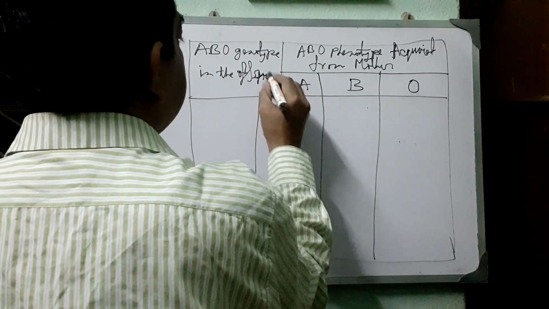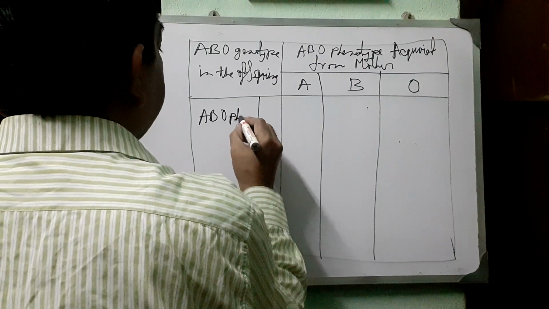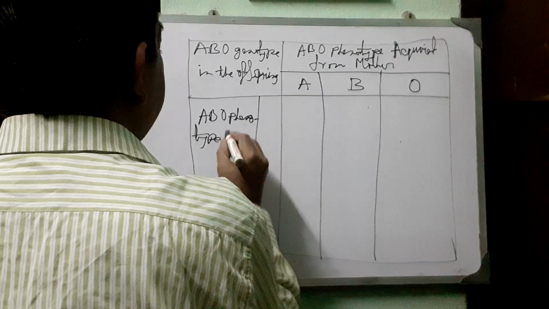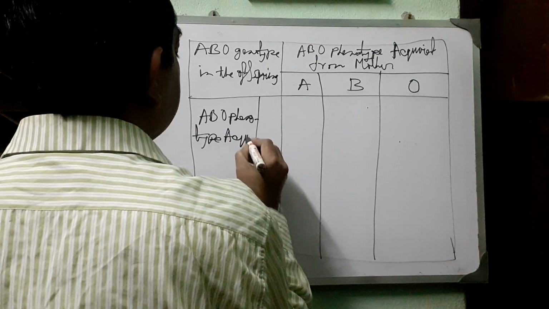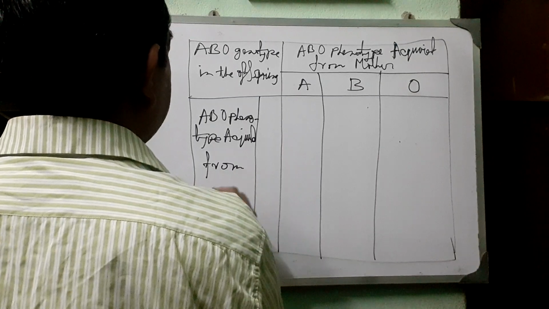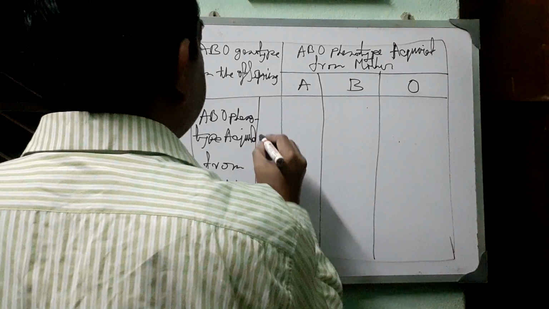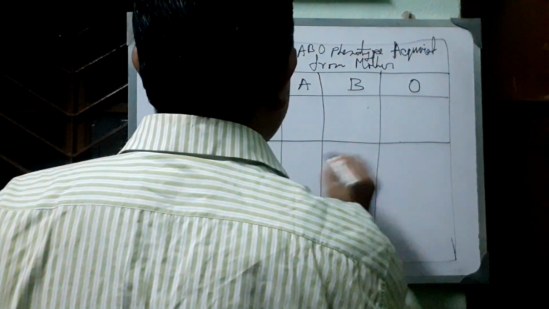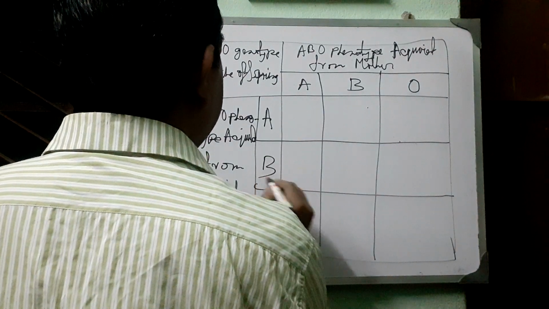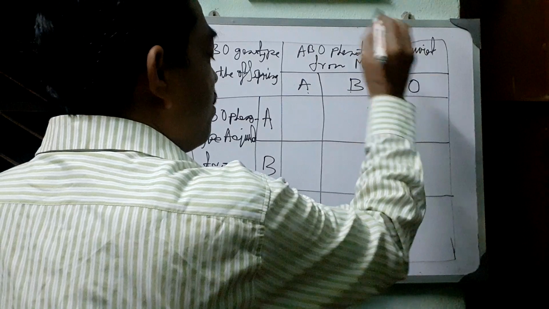And here is the ABO phenotype acquired from the father, and these are the A, B, O, the three alleles of the father, and these are the three alleles of the mother.